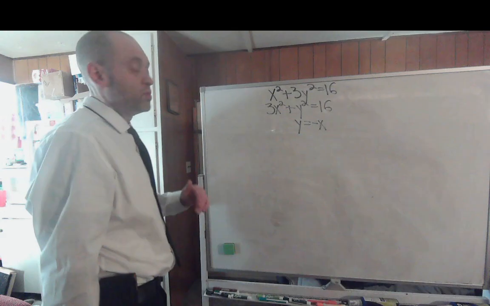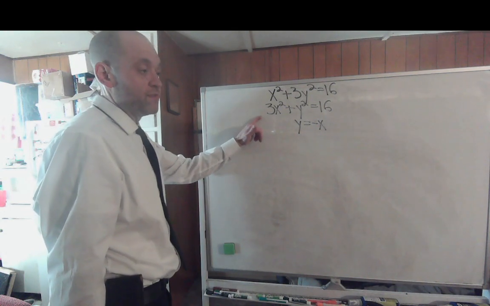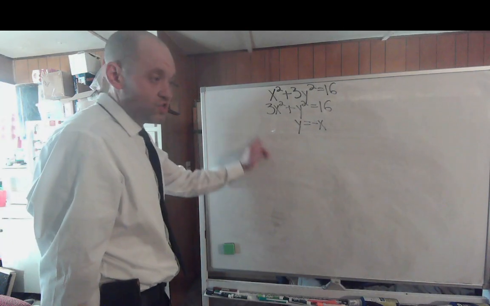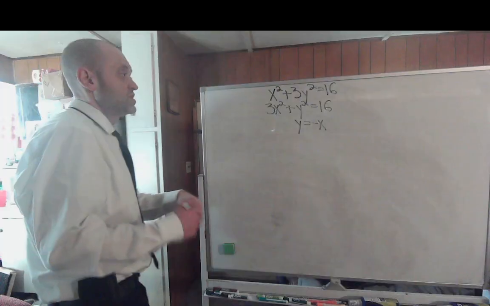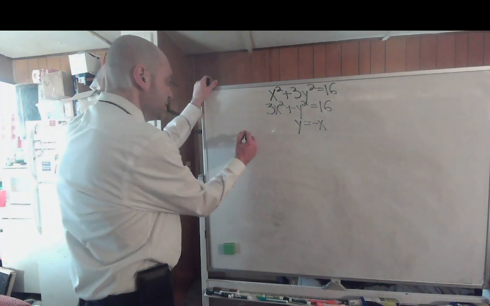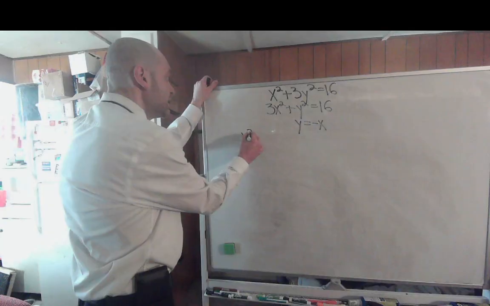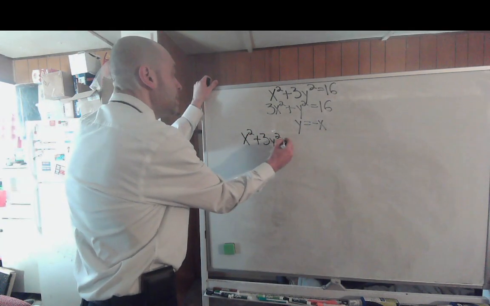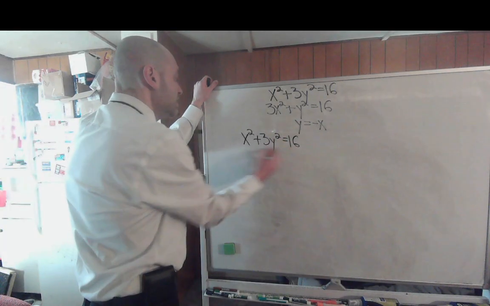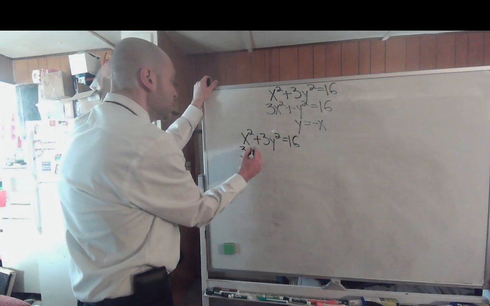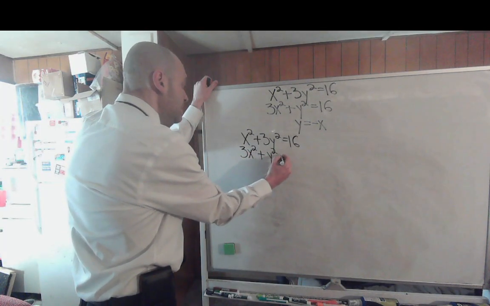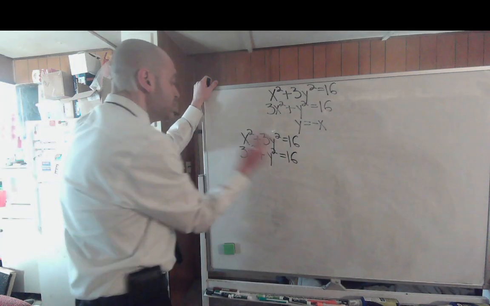But first, you want to use elimination on the first two equations. So you're going to use both elimination and substitution to solve this. So let's deal with the first two equations. So x squared plus 3y squared equals 16, and then 3x squared plus y squared equals 16.